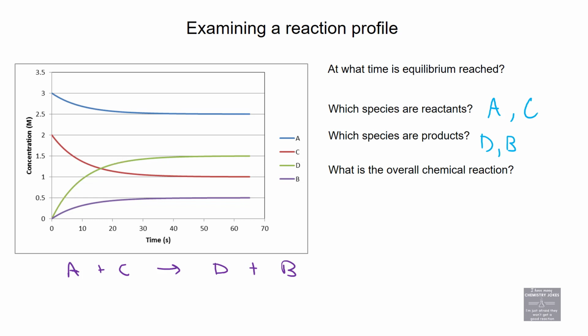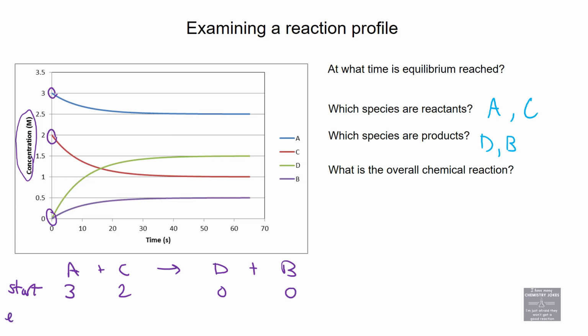How do I figure out what those coefficients are? I'm going to ask, what's my starting concentration? Because my concentration's on the y-axis. My starting concentration of A is 3 molar. My starting concentration of C is 2 molar. The starting concentrations of D and B both start at 0.